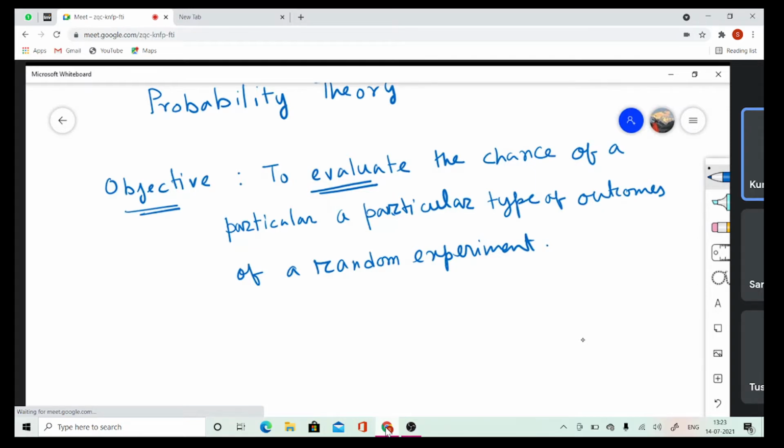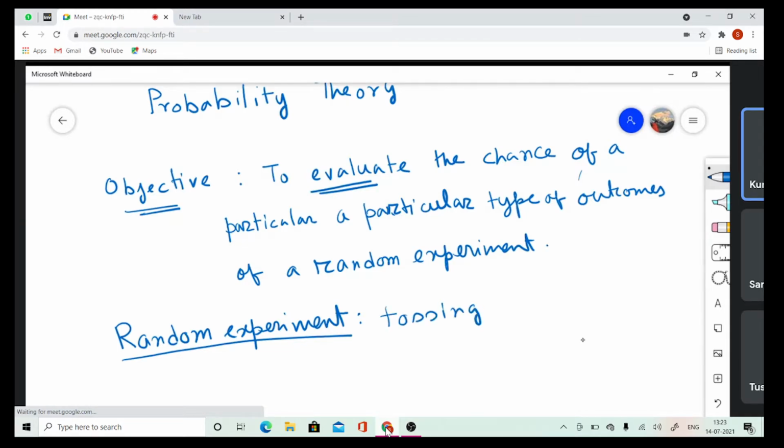First I will write the random experiment, because if the experiment is not random, then outcomes are certain. If there is no random experiment, the outcomes will not be uncertain, so there is no question of measuring chance. Suppose we are doing the random experiment, tossing a coin thrice.